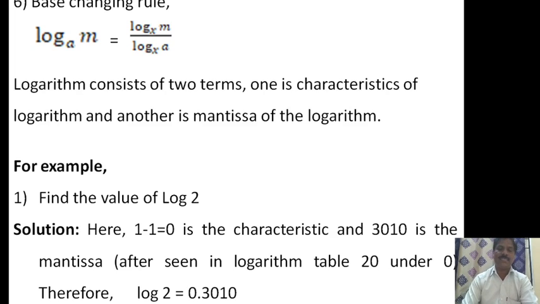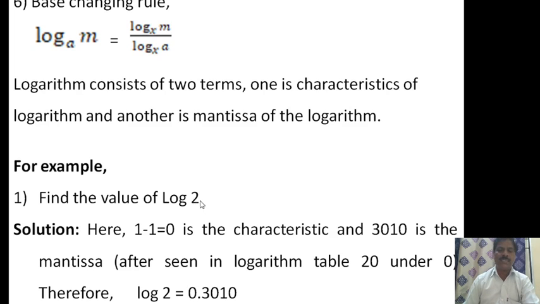Here, the left side has only one digit, the number 2, so the digit count is 1. Therefore you subtract 1 from that, 1 minus 1, which is 0. Therefore 0 is the characteristic of log 2.